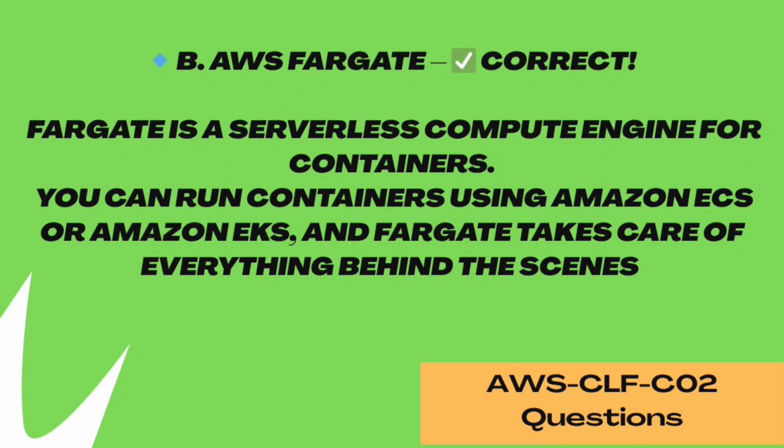AWS Fargate is a serverless compute engine for containers. You can run containers using Amazon ECS or Amazon EKS, and Fargate takes care of everything behind the scenes: provisioning servers, patching, scaling, and security. It's truly serverless for containers.